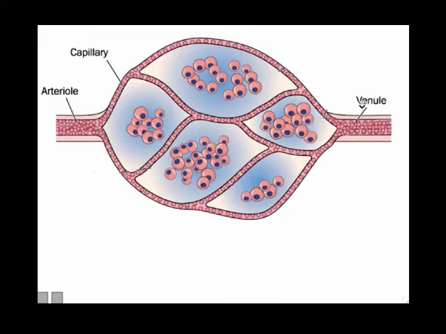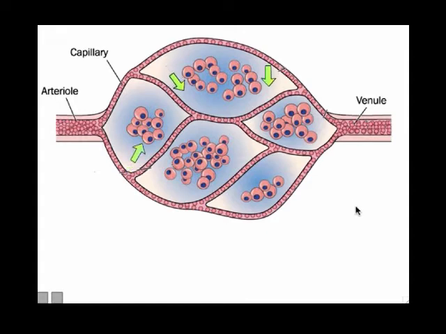And here's a tiny vein carrying blood out of the organ, and we call these tiny veins venules. And these little lines inside the organ are the capillaries, these tiniest blood vessels. Okay, so there you see some blood flowing into the organ in that arteriole, and then that blood flows through these capillaries and eventually exits in that venule over there.